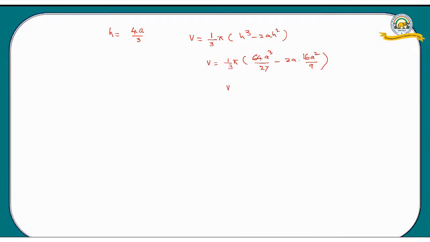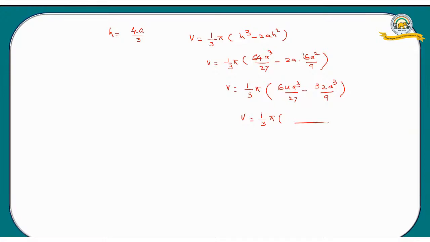So volume V is equal to 1/3 pi times 64a cube by 27 minus 32a cube by 9. So volume V is equal to 1/3 pi.